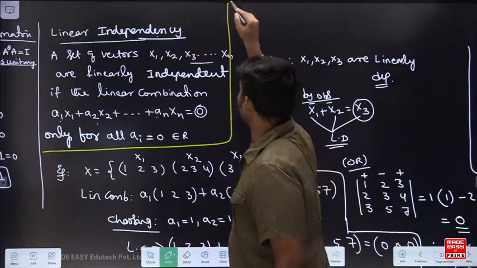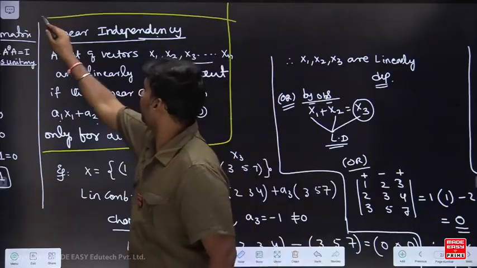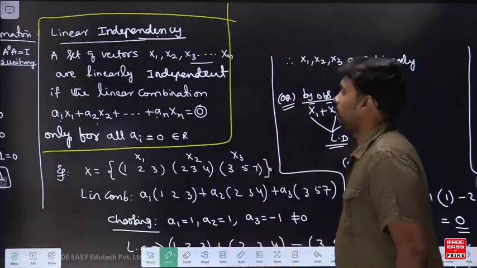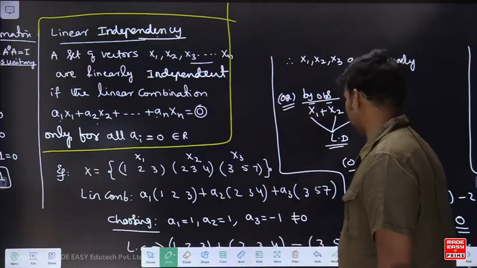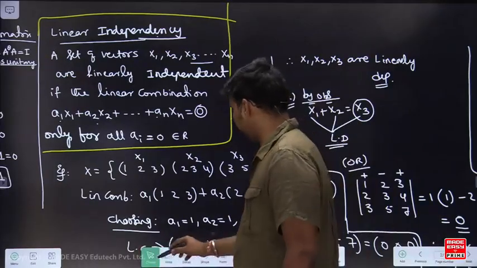Please write down this definition of linear independency. Just write this much, beta.